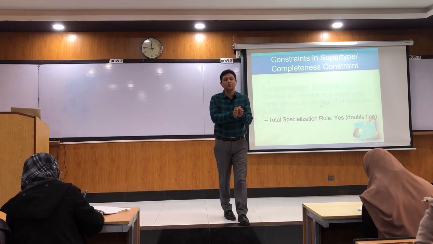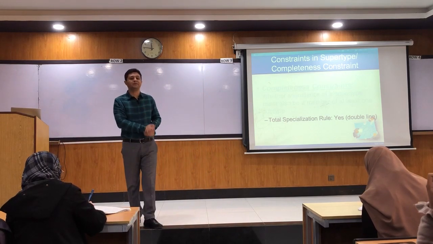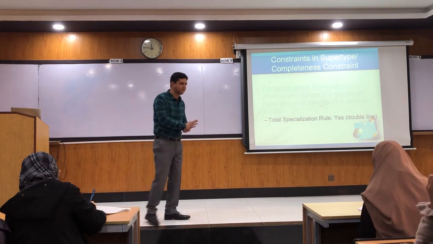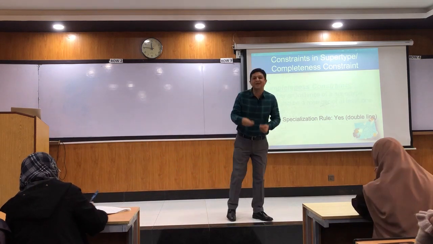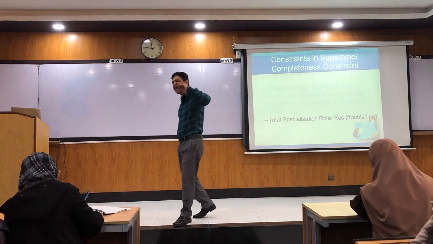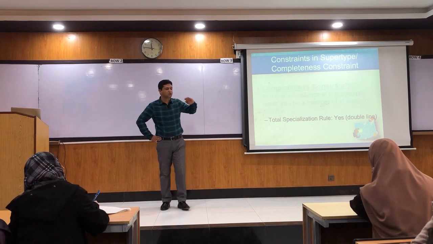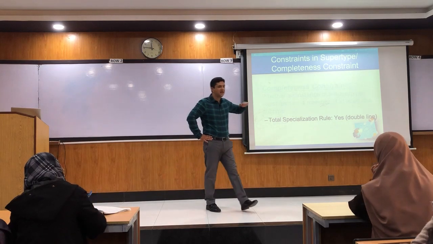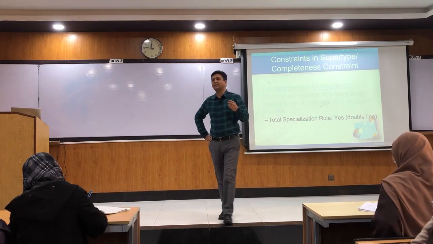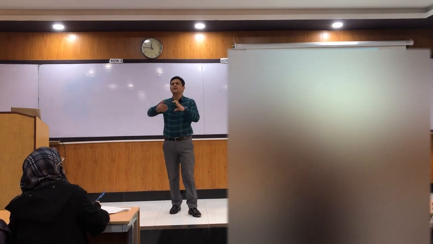That has to belong to at least one of the subtypes. So it is a must for an instance of supertype that that instance has to be linked with one of the subtypes. This rule is known as total specialization rule, and this rule is represented with the help of a double line between the circle and the supertype.